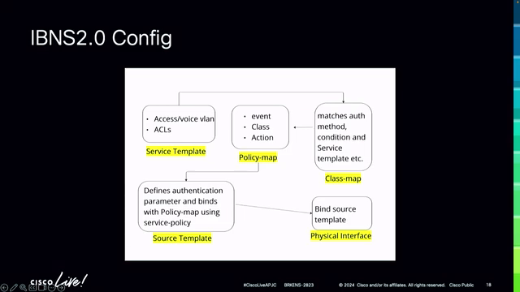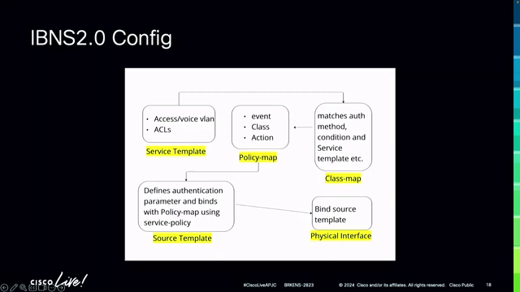An action is like authenticate using .1x and so on. A service template gives you the capability to assign per-session subscriber ACLs and other parameters. So basically you build your policy map, and then you can assign this policy map to the physical interface directly, but IBNS 2.0 style of configuration is already bloated.